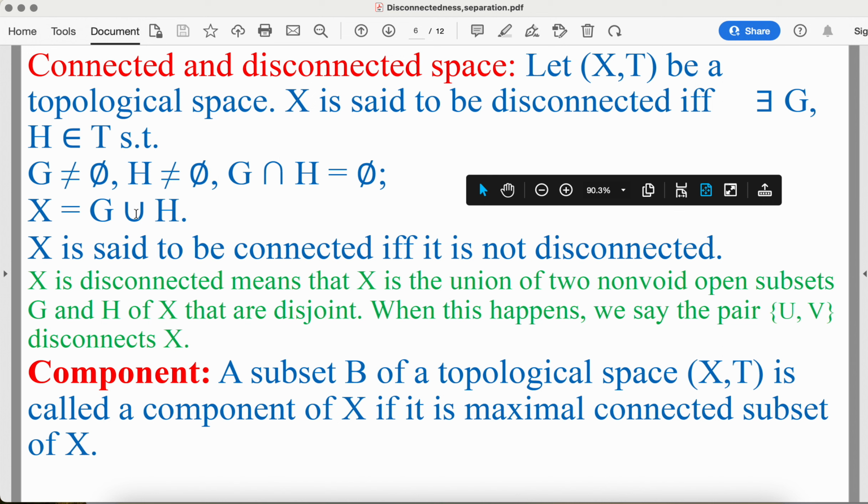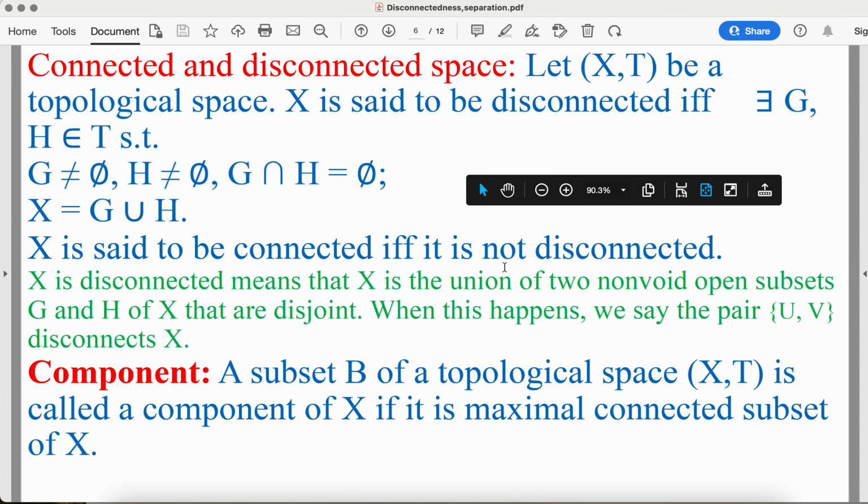Also X is equal to G ∪ H. So if all these conditions are satisfied, X is said to be disconnected. And X is said to be connected if and only if it is not disconnected.